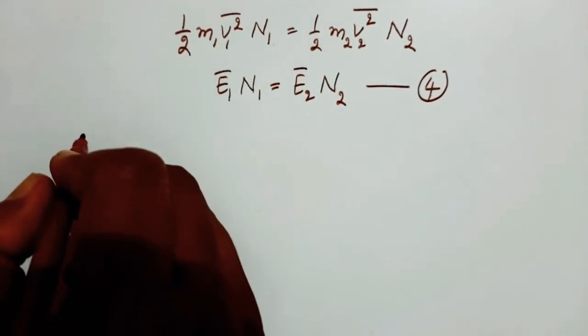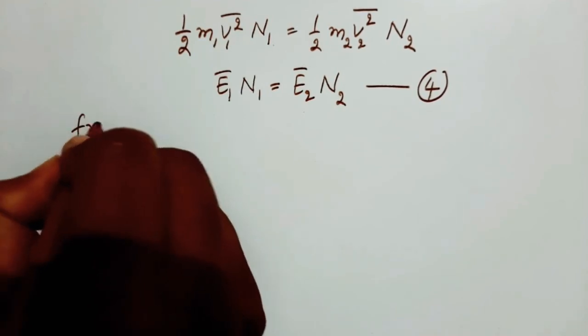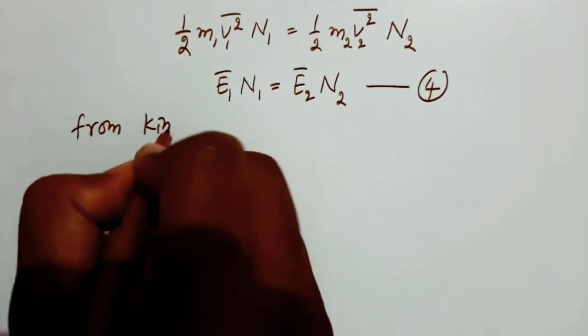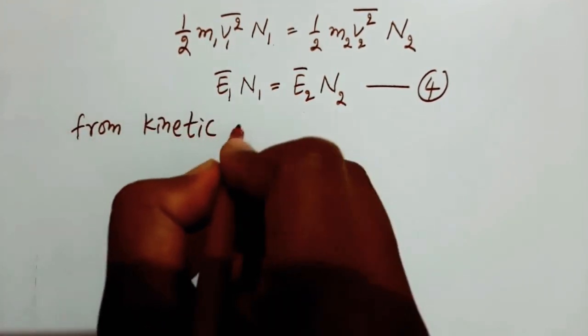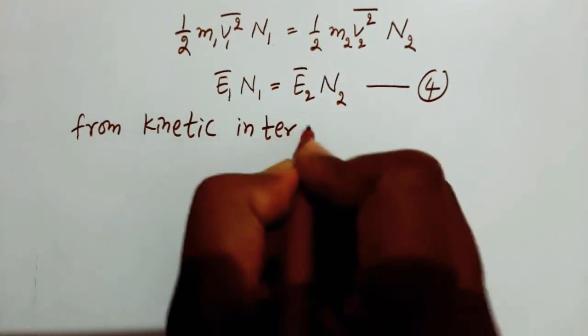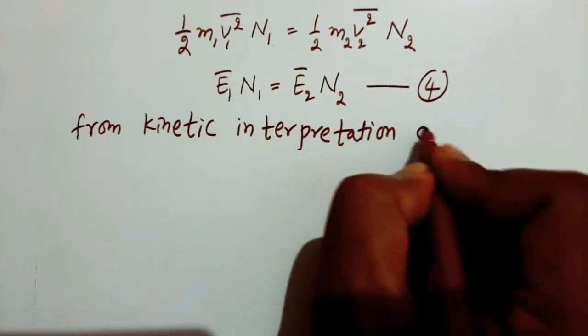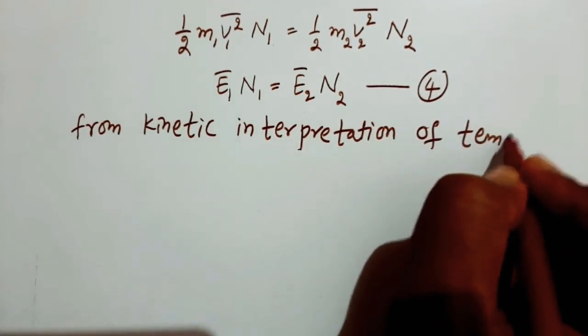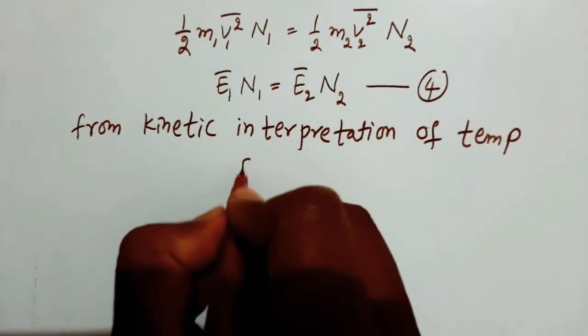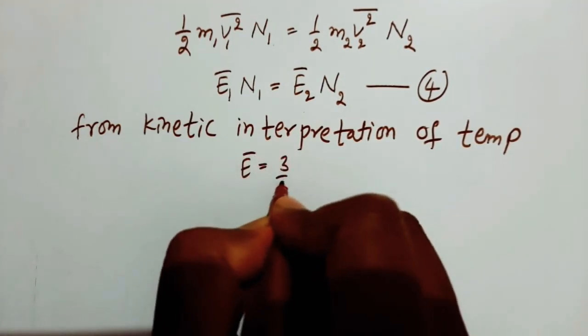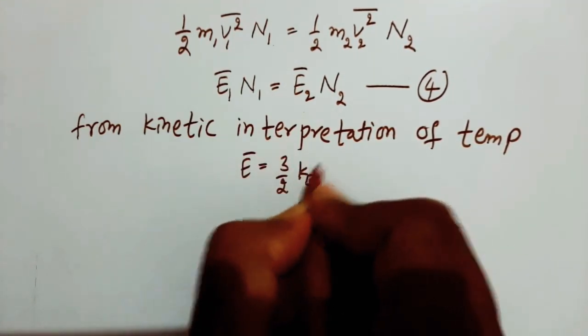From the kinetic interpretation of temperature, we know E bar is equal to 3 by 2 kBT.